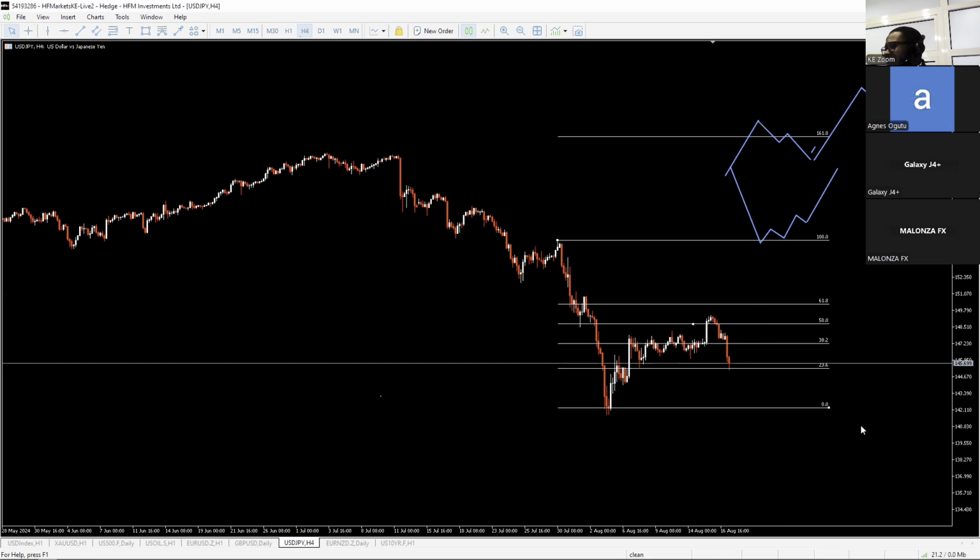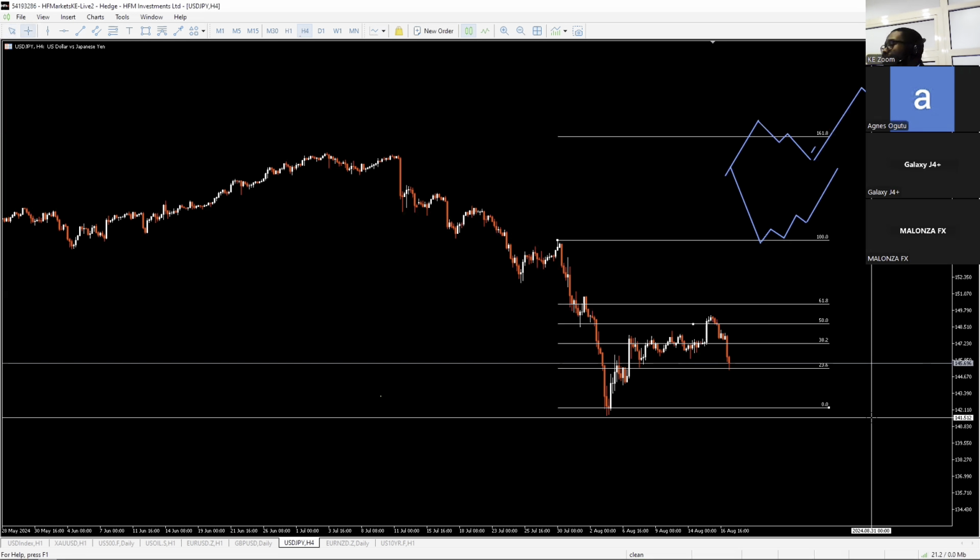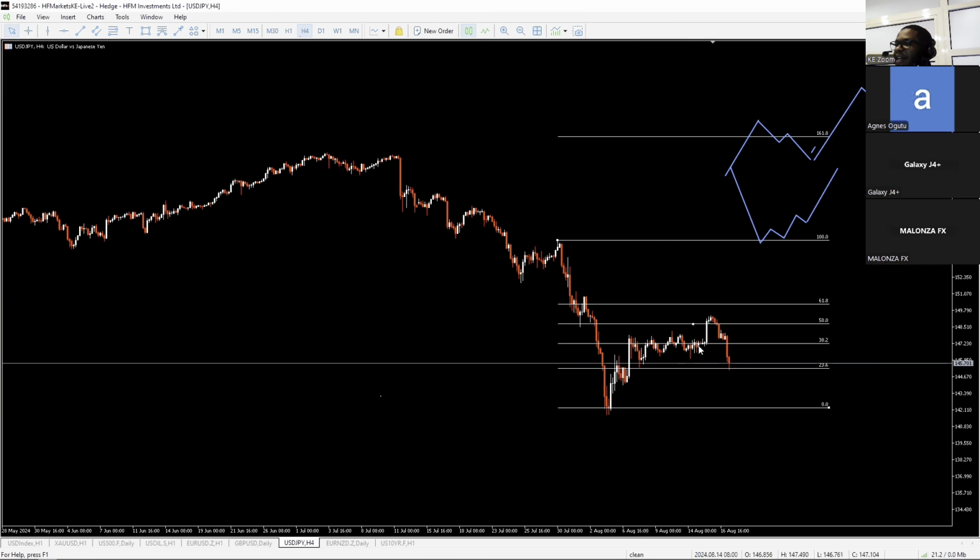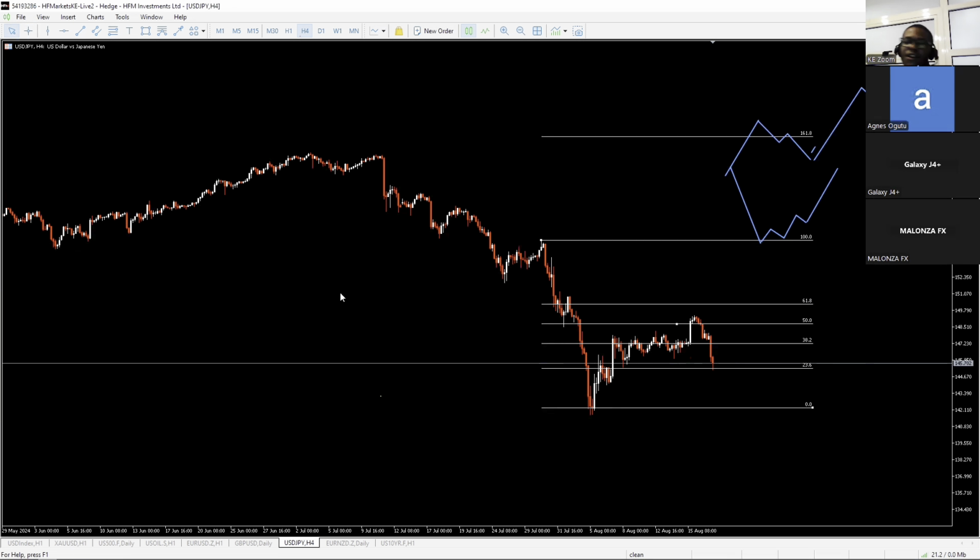Target 142.11, 141.51, 141.50, targeting those levels. So that's the dollar yen. Those are the key levels to pay attention to.